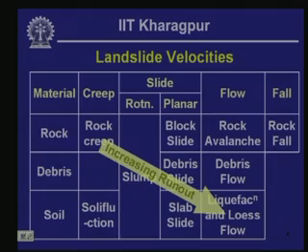So, basically what you see here is two things. Depending on what type of landslide you are looking at, the speed with which the landslide is going to move is going to be widely different, as well as the runout distance to which the potentially unstable mass is going to move, that is also going to vary over a very wide margin.